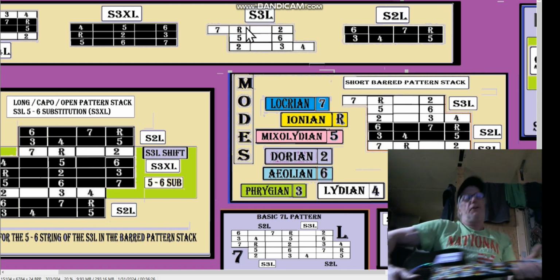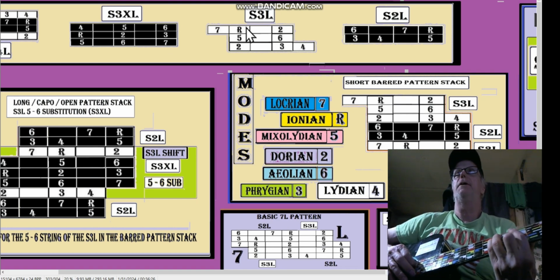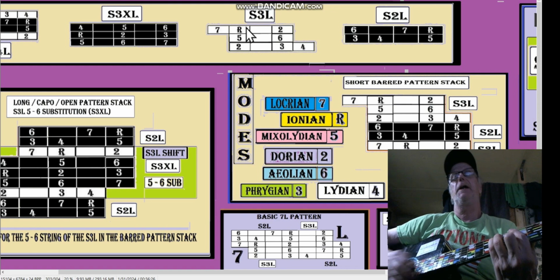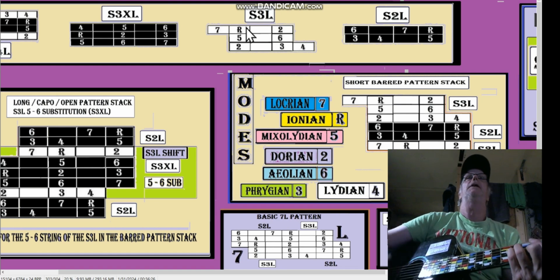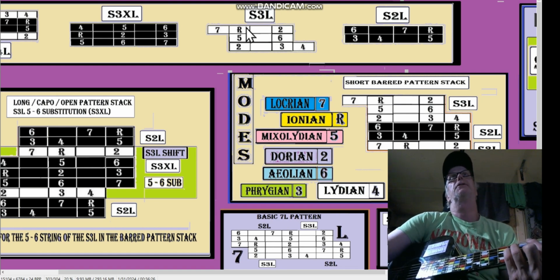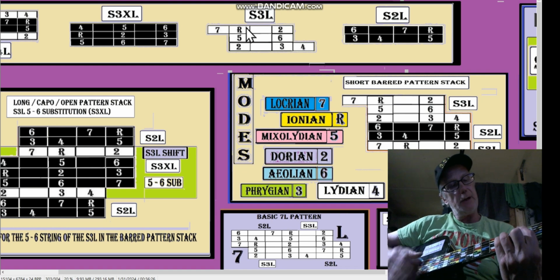So we have here an E-shaped chord. Now this is actually where your guitar is tuned, so you can't do the short version of the pentatonic scale, but that's where it came from.